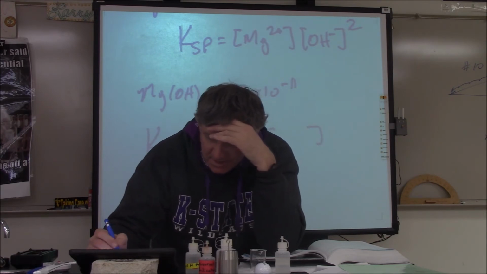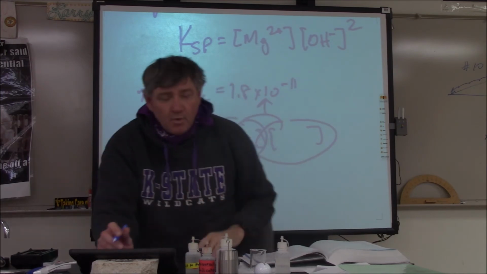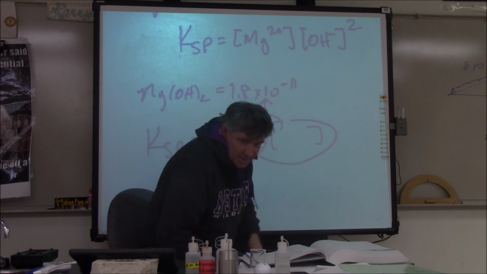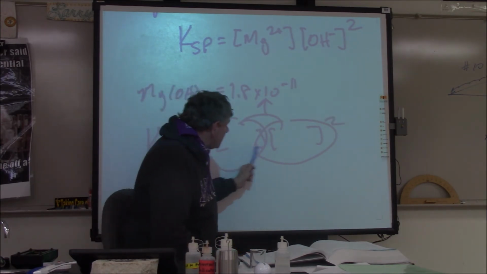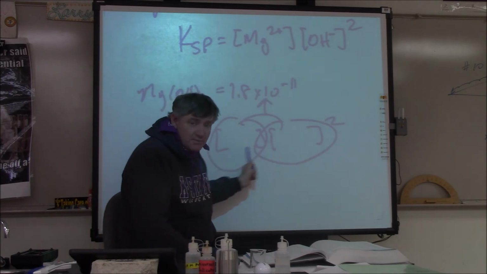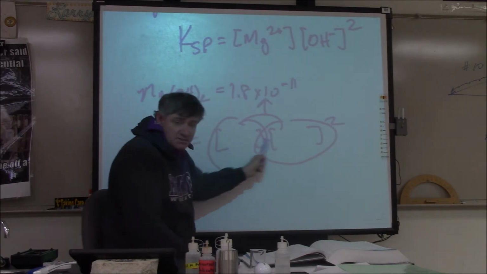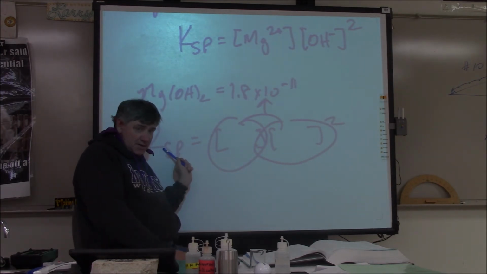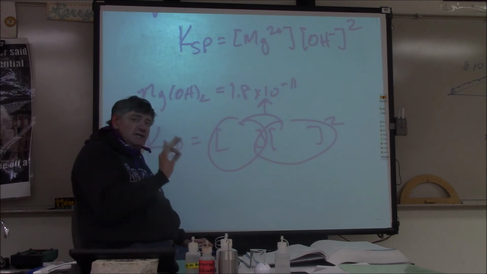Mother Nature is going to get these concentrations, whatever they are, multiplied together, and the concentration of that hydroxide is going to get squared. So Mother Nature is going to do whatever she can to keep these concentrations multiplied together to get 1.8 times 10 to the negative 11th. That's the magic number. That's when Mother Nature is in equilibrium.